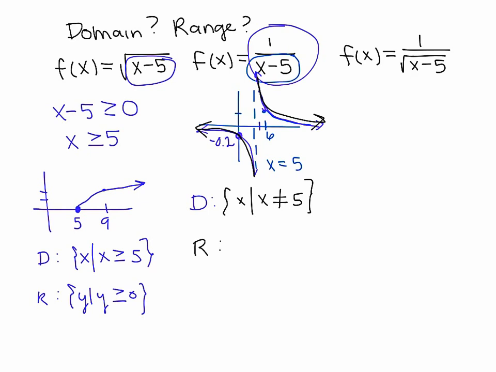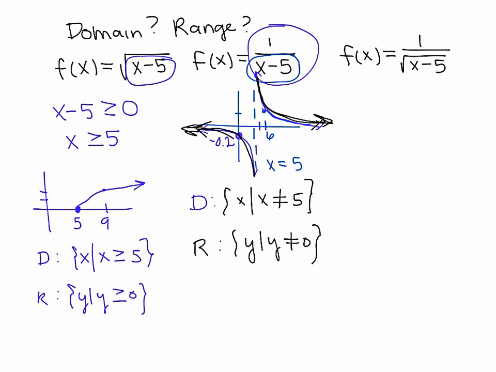Range is all real numbers for y, but y cannot be 0, because it gets really, really close to 0, but it does not cross the x-axis. Same idea as it goes to infinity. As x goes to infinity, it doesn't cross the x-axis, but it's getting really close to the y value of 0.